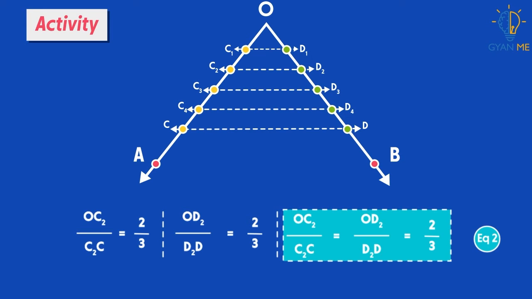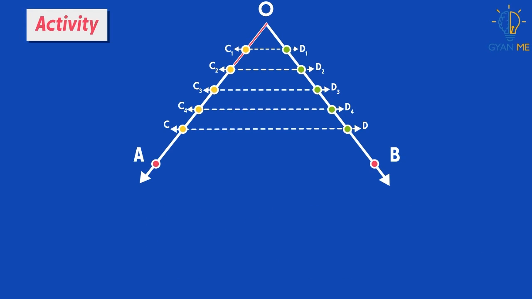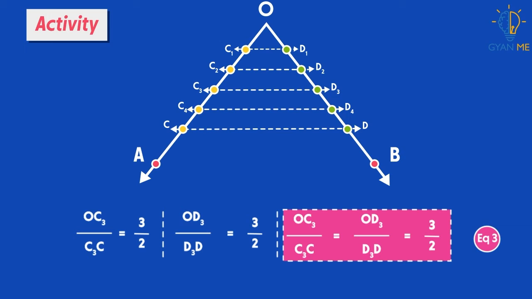And we can say that line C2D2 is parallel to line CD. Similarly, if we take the ratio of OC3 and C3C, it is 3/2. And if we take the ratio of OD3 and D3D, it comes out to be 3/2. And therefore, line C3D3 is parallel to line CD.